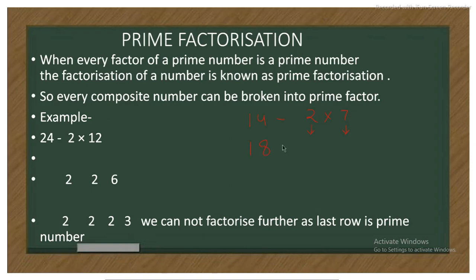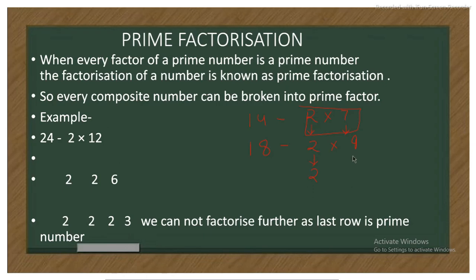In the same way, 18 can be broken up into 2 multiplied by 9. 2 is a prime factor, so it can't be further divided. So I will write 2 as it is.